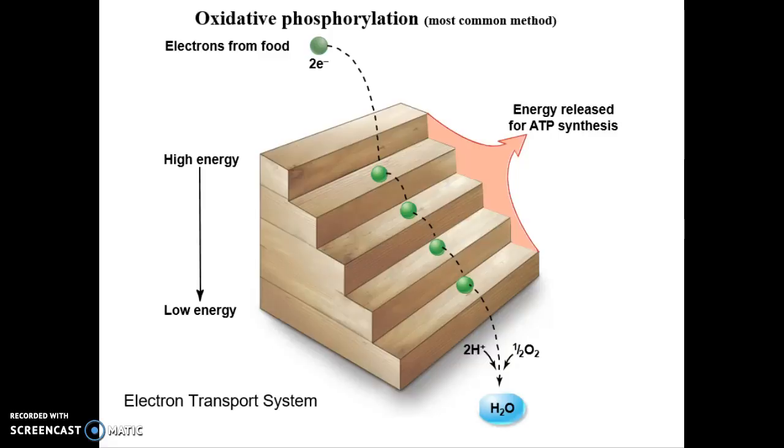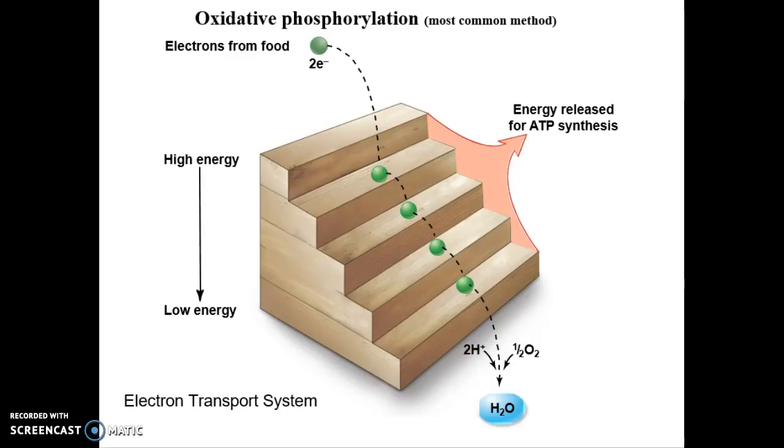And a very, very important component to this whole oxidative phosphorylation, the electron transport system, is that something has to be sitting at the bottom of those steps to grab the electrons and get them out of the way. That way there's room for another series of electrons to fall down the steps. In oxidative, oxygen is the key substance. You need oxygen there.